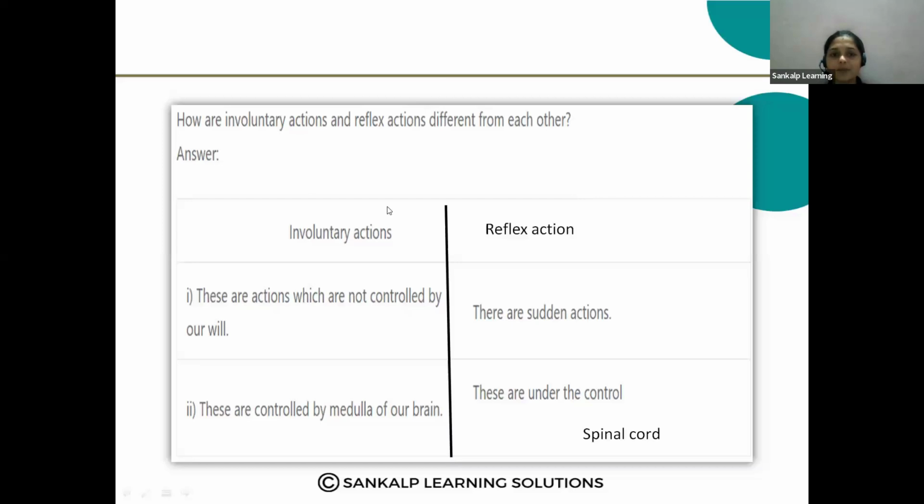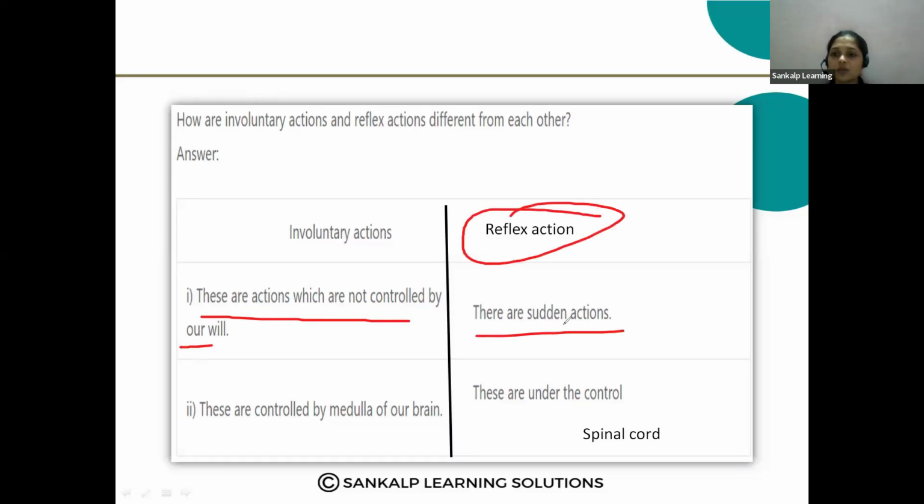So here, involuntary actions are not in our control. They are not controlled by our will. And reflex actions are sudden actions. When you touch a hot vessel, you suddenly take your hand back. That is a sudden action, called a reflex action. Involuntary actions are controlled by the medulla of our brain. Which part of the brain controls the involuntary action?